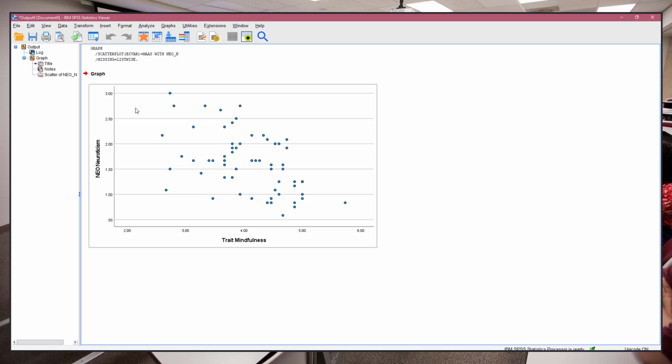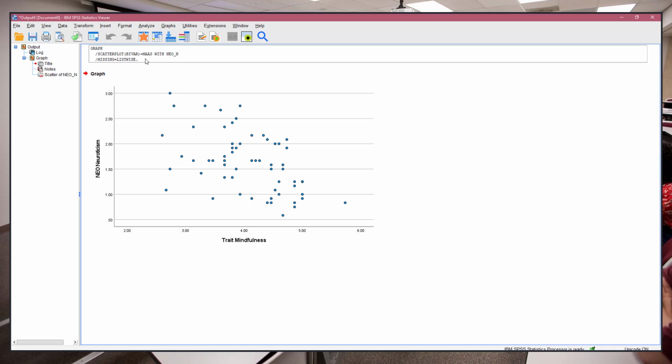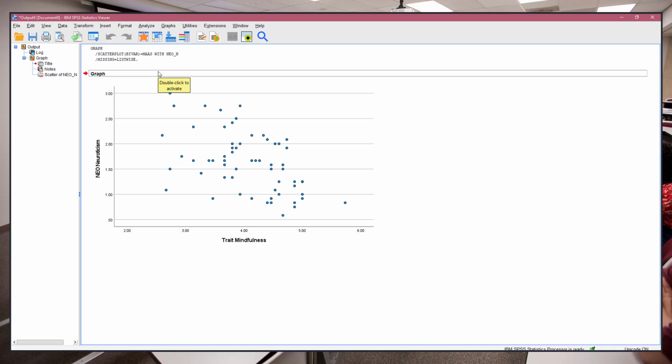This doesn't look like a curvilinear relationship. It looks like you could draw a line of best fit in here. So we can assume that it meets the assumption of linearity. Now we want to assess the assumption of normality.